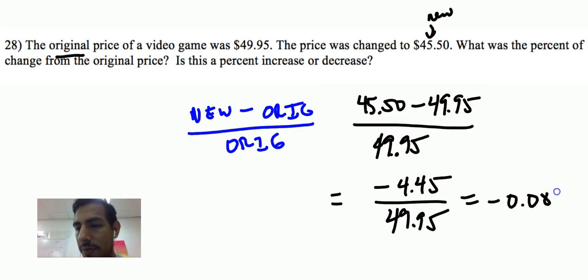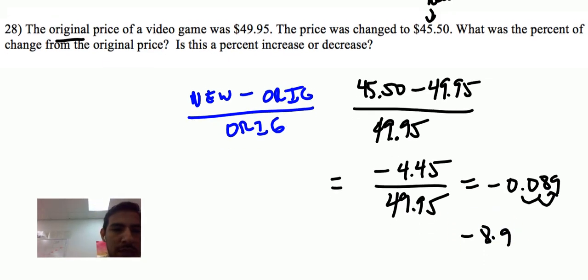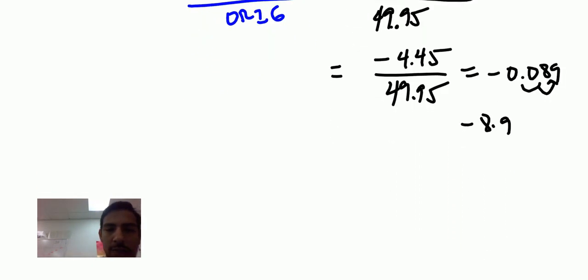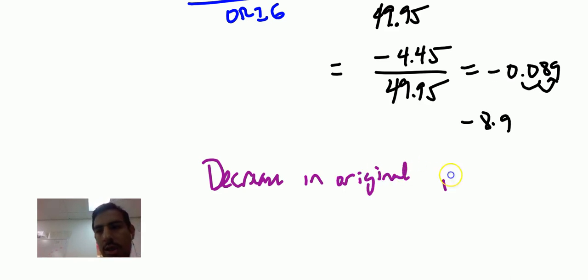Okay, so first of all, we need to get this into a percent, which means we need to move that decimal 2 places to the right or multiply by 100, and we get negative 8.9. Okay, so the percentage change. This price dropped. This is a decrease in original price of 8.9%.